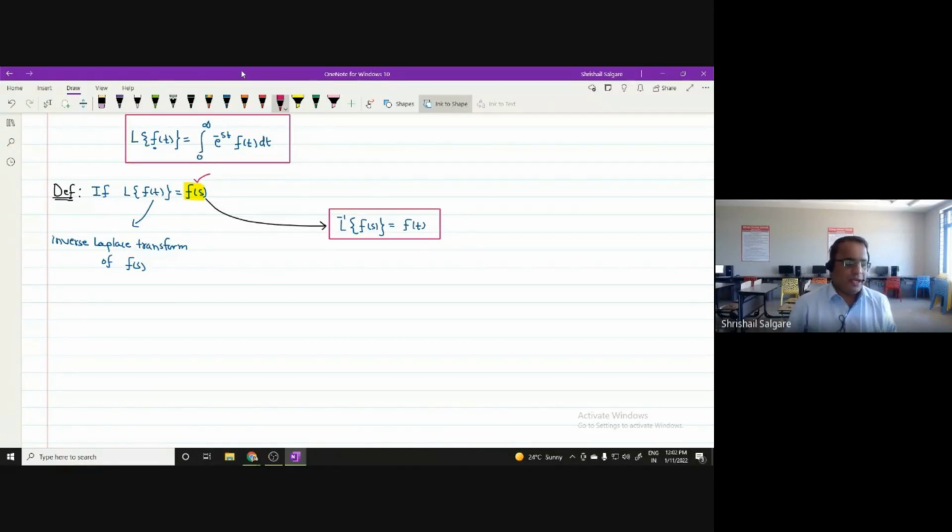Now quickly I will review once again the Laplace transform and its inverse Laplace transform. You can use your class notes to answer this.